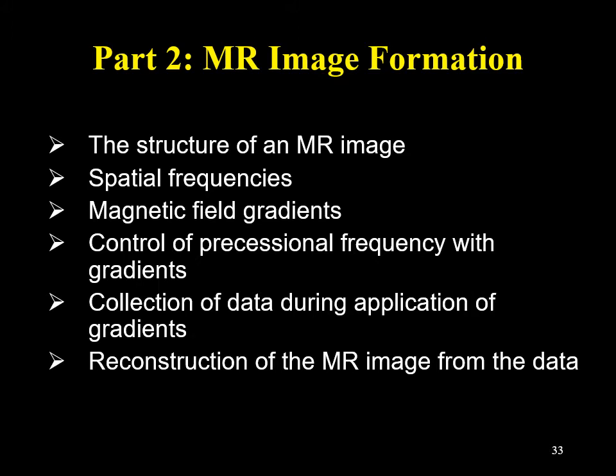These components include a look at the structure of an MR image, spatial frequencies, magnetic field gradients, control of precessional frequencies with gradients, collection of data during application of gradients, and reconstruction of the MR image from the data that is collected.